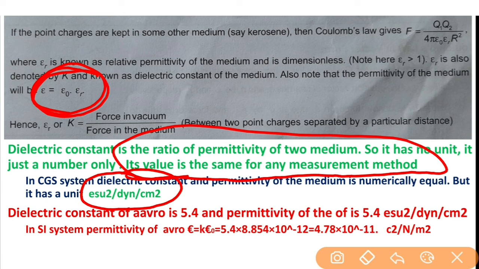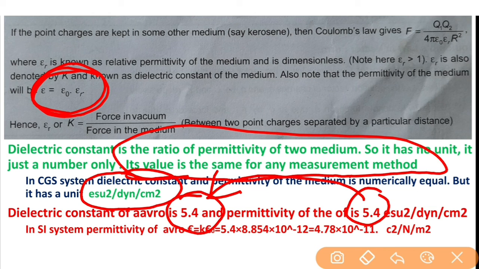The dielectric constant has no unit, but the permittivity has a unit with the same magnitude.